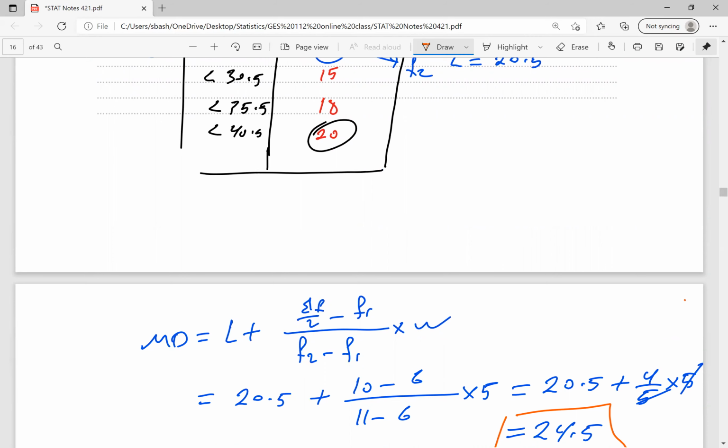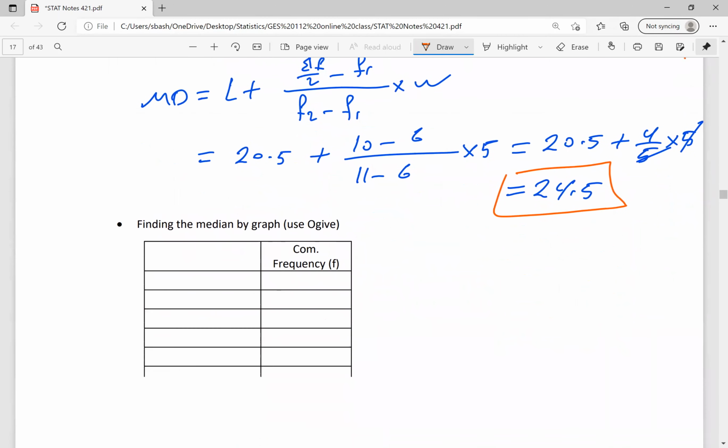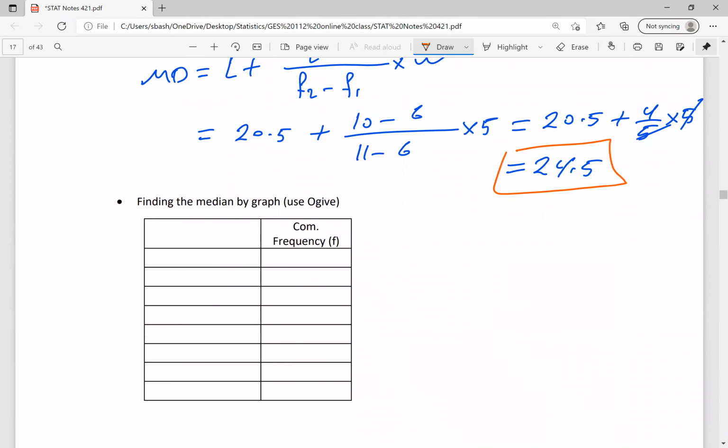Now let's try to find the median using the graph. For the median, we are using the ogive. For the mode, we use the histogram. For the median, it is the ogive.